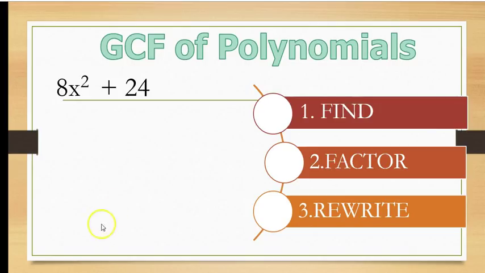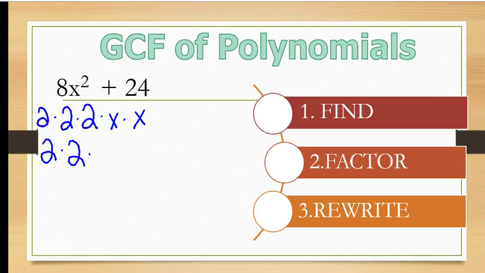Alright, so let's take a look at this one. If we write the prime factors for 8x squared, it's going to be 2 times 4 gives us 8, but 4 isn't a prime factor. So 4 is also 2 times 2. And then x squared is x times x. And then if we do 24, 2 times 12 gives us 24. 12 is not prime, 12 is 2 times 6. 6 is not prime, 6 is 2 times 3.